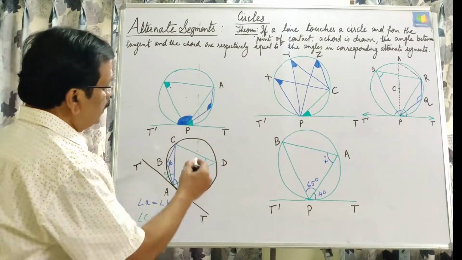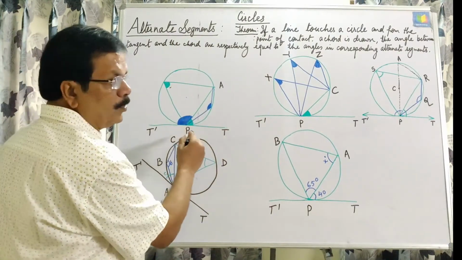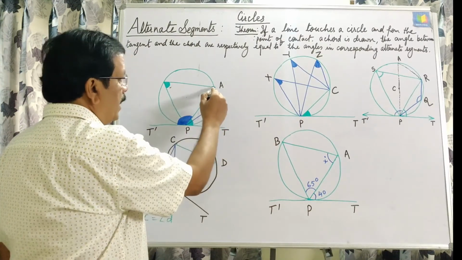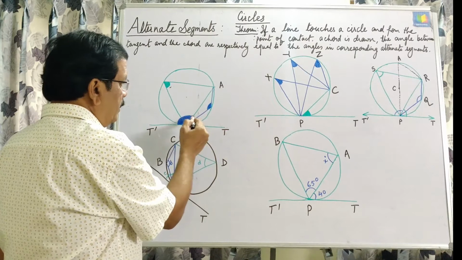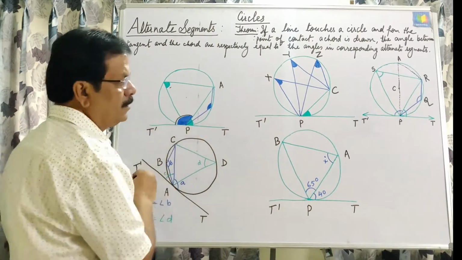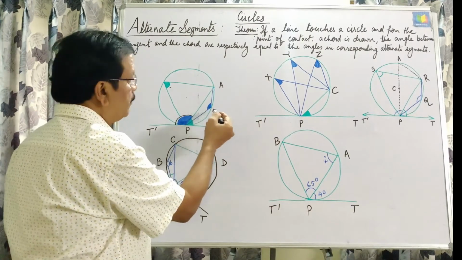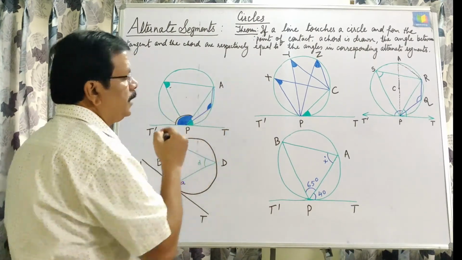Or in other words, with blue color you can see the same tangent drawn here and the chord is here, then this angle is equal to the angle in the other segment, that is called alternate segments.